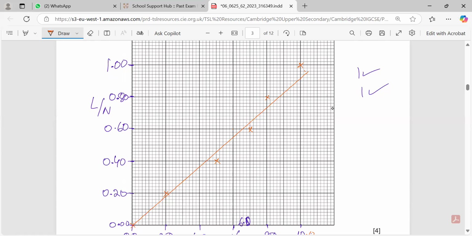This will be my line. The reason for that is if I try to join all the points, it will not be a curved line, and it will not be a straight line. So what to do? I can go with a straight line as I have drawn in front of you, but this is a well judged line because 2 points are up, 2 are down, and a well defined line is there.